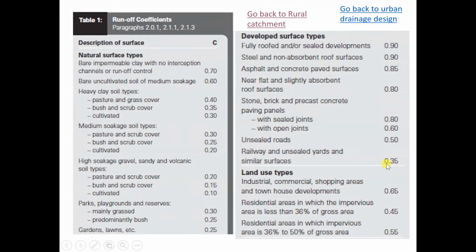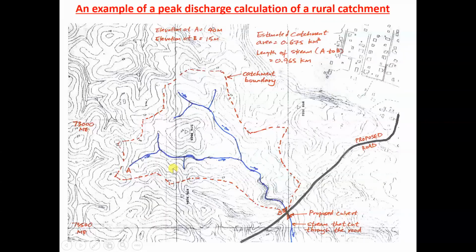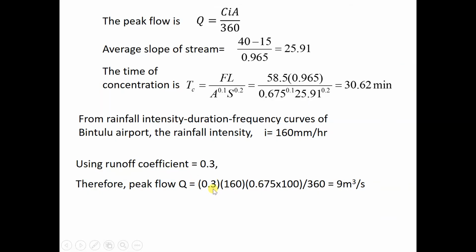Okay, something 0.3. It's not very bushy, but it's of a grass, pasture, scrub cover. Okay, so for the peak discharge, we put everything inside, and it gives us Q equal to 9 meter cube per second.